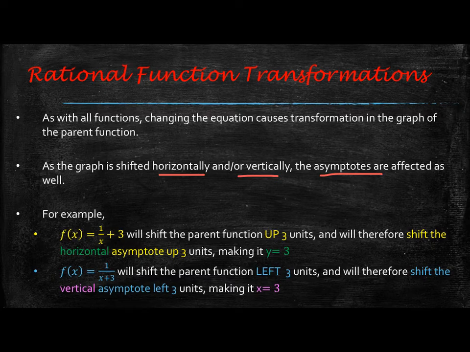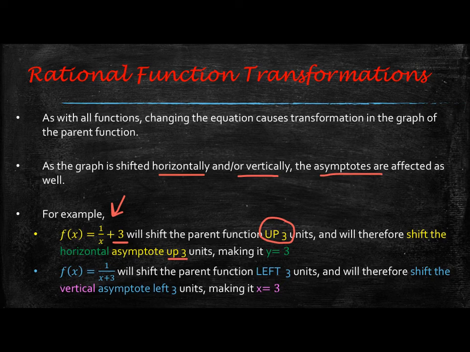If you have 1 over x plus 3 here, okay, we know that when that plus 3 gets added onto the end, that's going to move it up 3. Well, that's going to move the horizontal asymptote up 3 as well, making it y equals 3 instead of y equals 0.